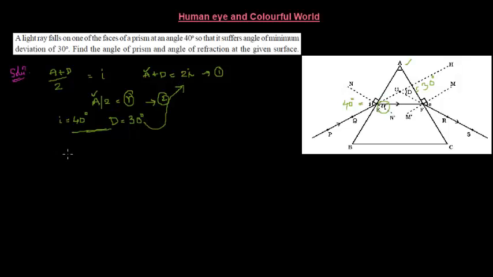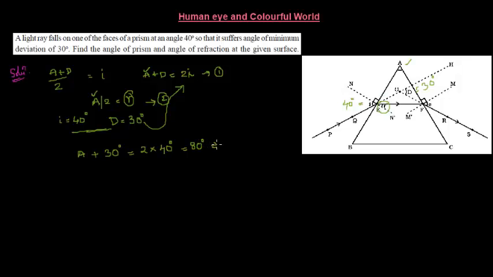Now let us substitute these values in equation 1. Instead of A, I am writing A only because I have to find out the value of A. Now D value is 30 degrees, which is equal to 2 into I value, 40 degrees. 2 into 40 is equal to 80 degrees.